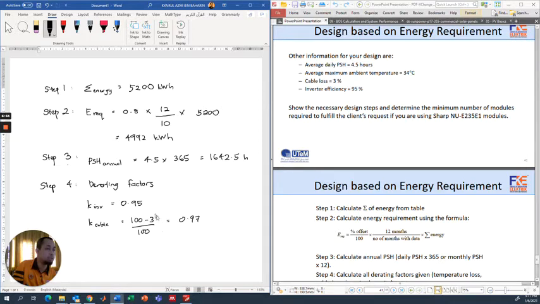You don't need to show this calculation because it's too simple. You can straight away plug in this number. Now, the next one, this one you need to show, which is the temperature. What is the temperature derating factor? K-temp. Specifically, we want to know what is the K-temp for power, K-temp PMP.